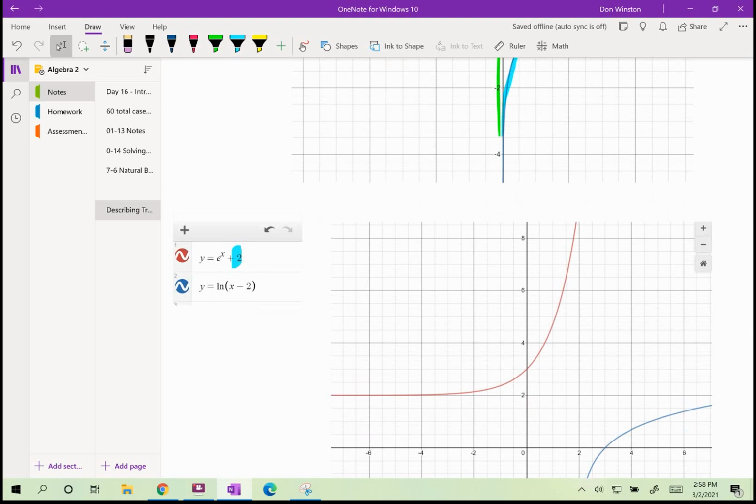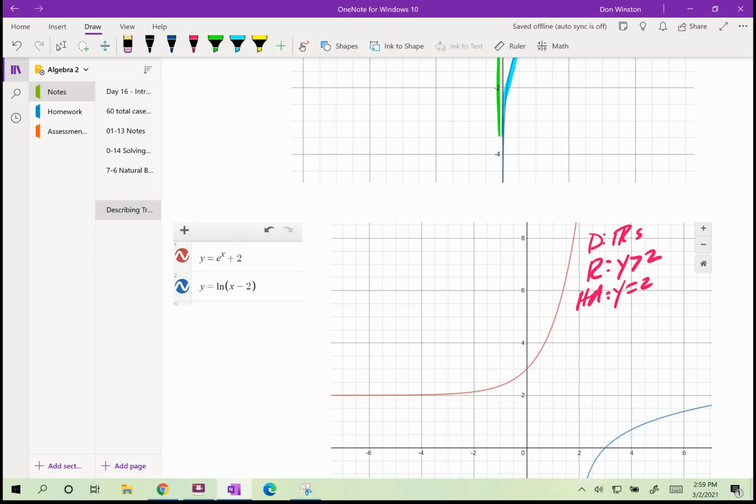So again, my domain will still be all real numbers, but now my range is going to be y is greater than 2. Okay, I shifted my horizontal asymptote up 2 units, and so my horizontal asymptote now is y equals 2.